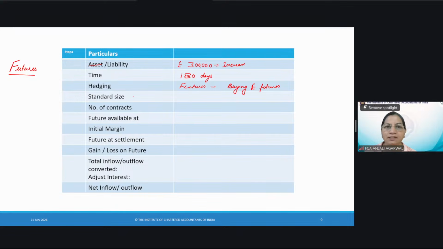Now, each currency has a standard size. Pounds have a standard size of 62,500. One contract is of 62,500. So let's see how many contracts you need to buy to hedge 300,000 pounds. 300,000 pounds divided by 62,500, you need to have 4.8 contracts.